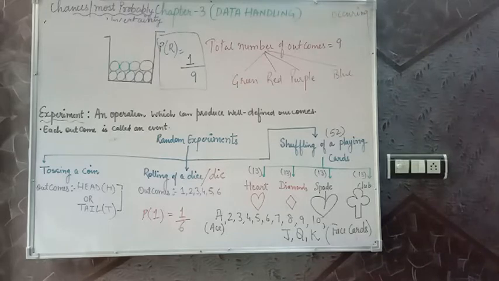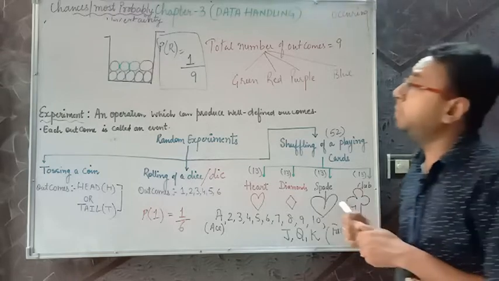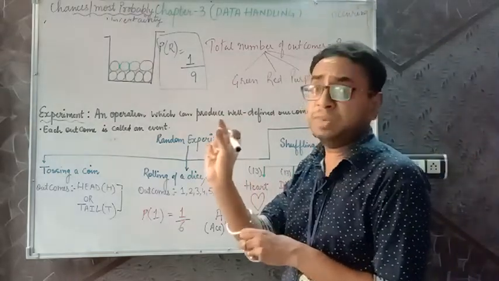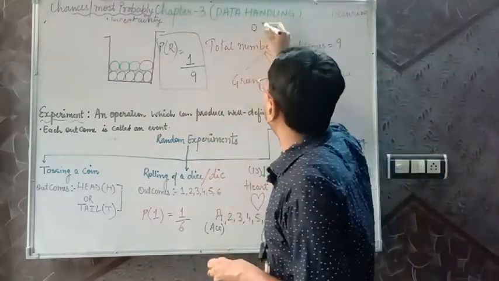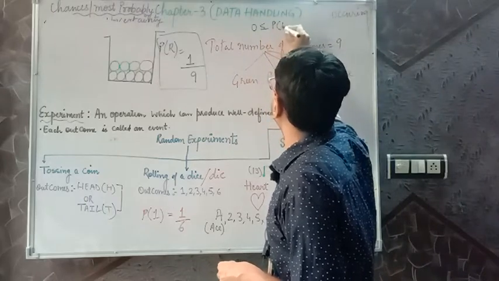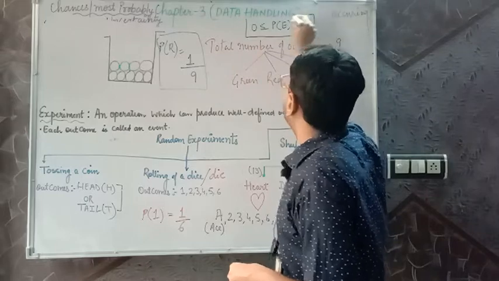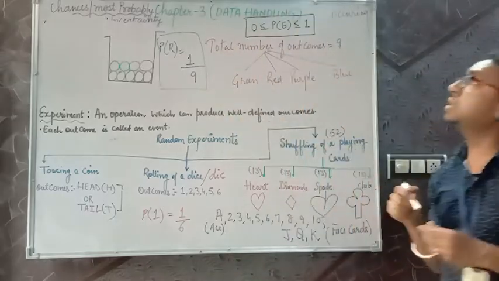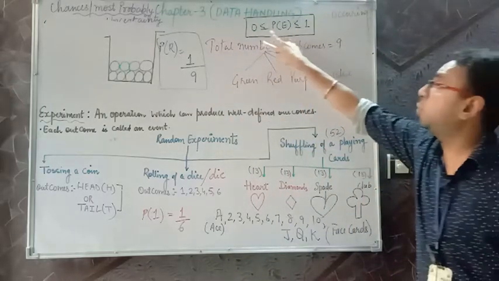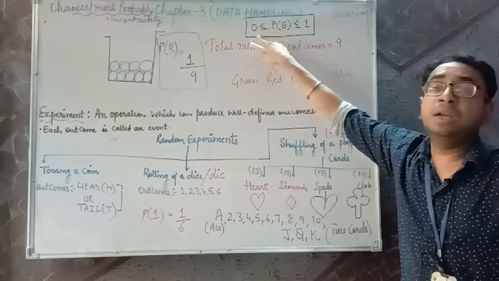Clear? Now, the last thing I will tell you is that probability, the numerical measurement, always lies between two things. Do remember, probability is always less than or equal to 1 but greater than or equal to 0. It can be equal to 0 if the event will not happen.